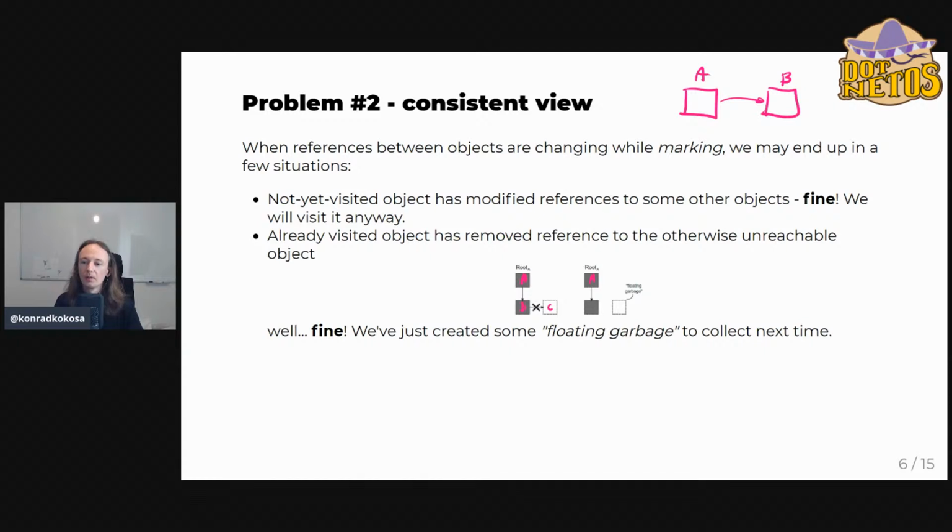Okay, so returning to our floating garbage situation. That's fine. We introduced some overhead, but it will just be garbage collected next time. But it is the very first place where we see that the concurrent GC is a little bit less optimal compared to the non-concurrent one, because we have some inconsistency.